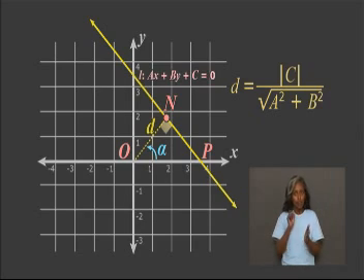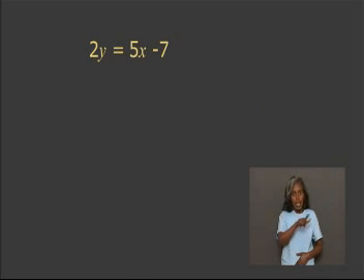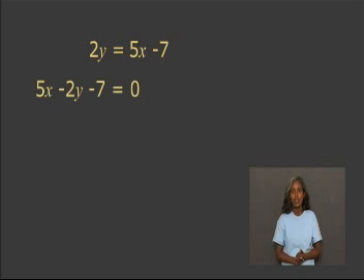For example, a line is 2y equals 5x minus 7. First, change this to the form 5x minus 2y minus 7 equals 0.